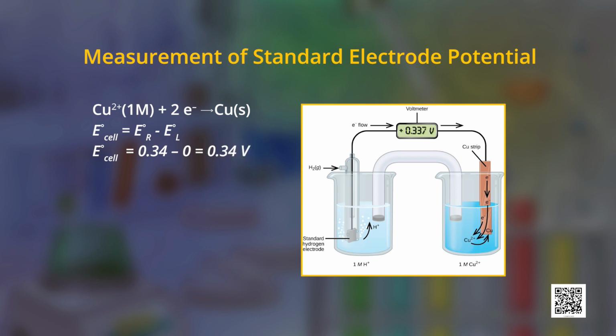The positive value of the standard electrode potential in this case indicates that the copper ions get reduced more easily than hydrogen ions. So in this case, hydrogen electrode acts as anode and copper electrode acts as cathode.